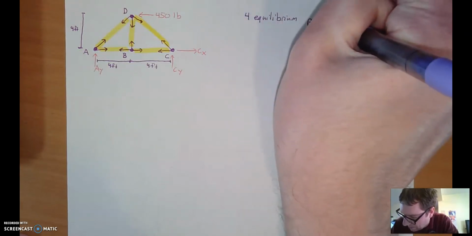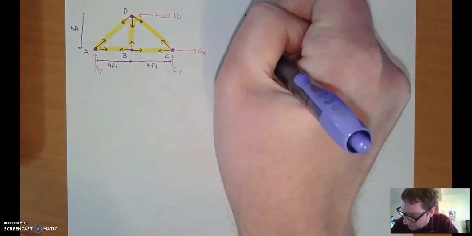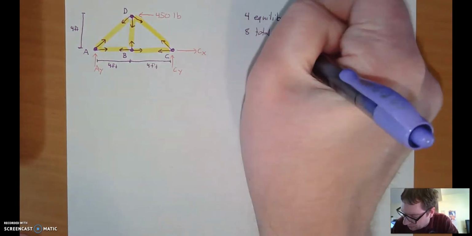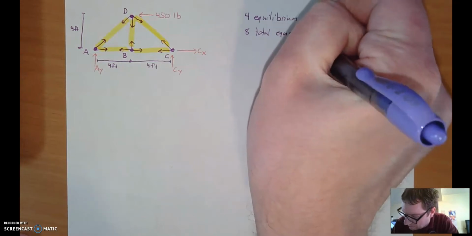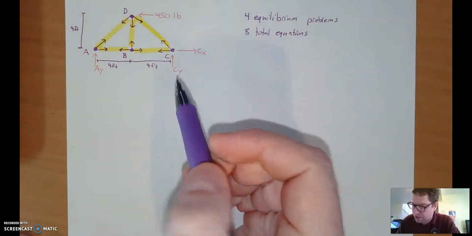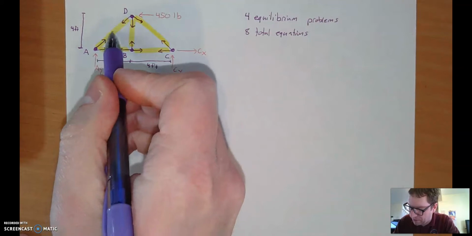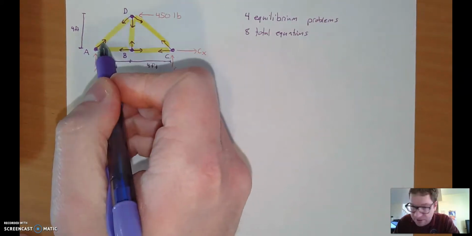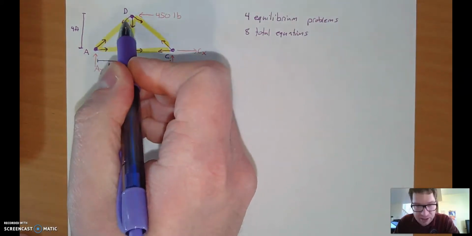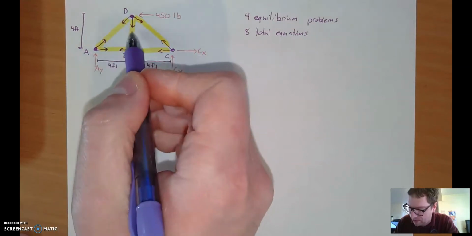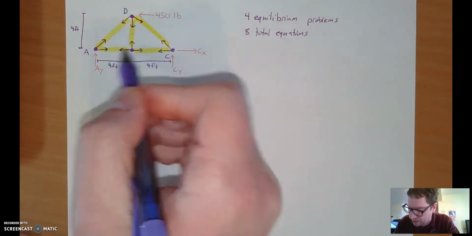So, given that, we have 4 equilibrium problems, which means we have 8 total equations that we can write. How many unknowns? Well, we have an unknown here. So this force is the same as this force, so that's not a new unknown. So we have 1, 2, 3, 4, 5.